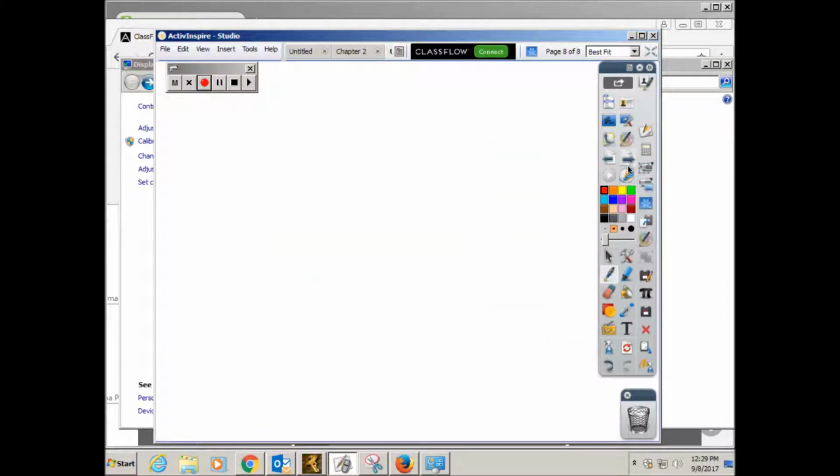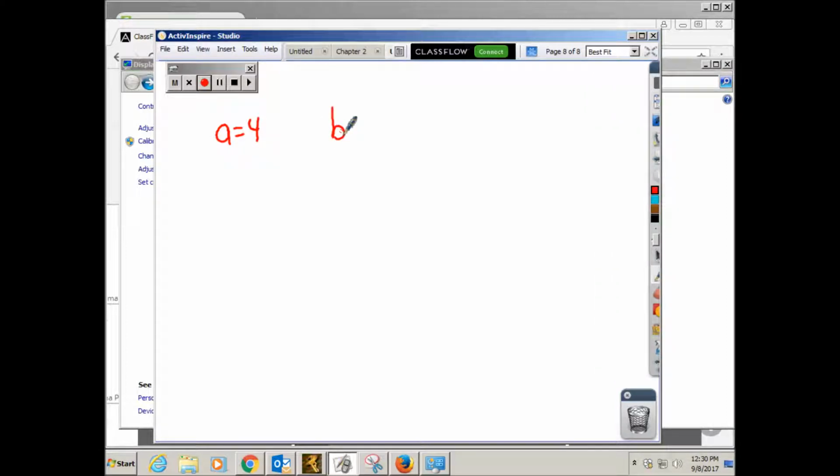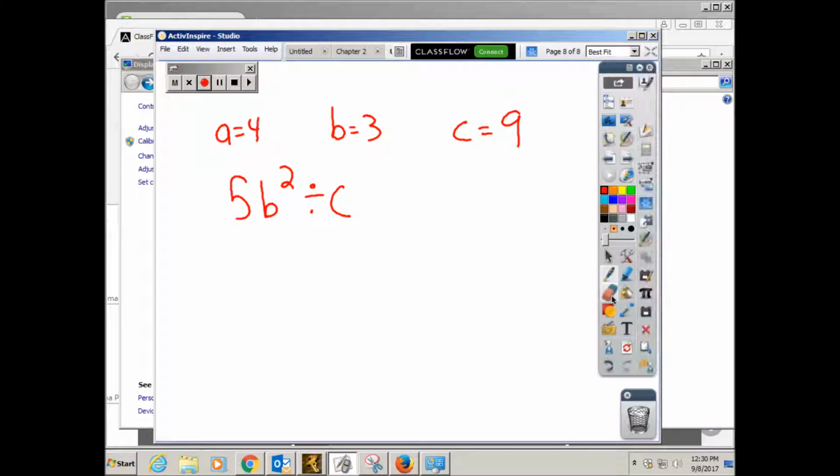Next one. Evaluate the expression if A is equal to 4, B is equal to 3, and C is equal to 9. The first expression is 5B to the second power divided by C. So I'm going to erase the letter B. I lost my to the second power.